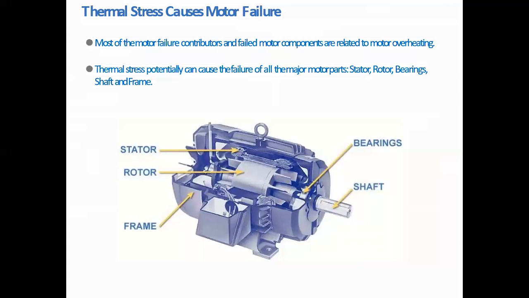Thermal stress can potentially cause failure of all the major motor parts: stator, rotor, bearing, shaft, and frame. In this image, we are seeing the various parts of a motor: stator, rotor, frame, bearings, and shaft.